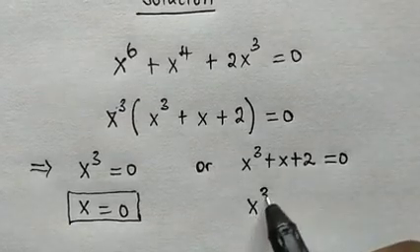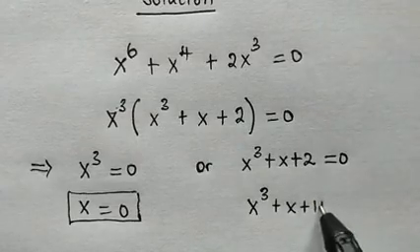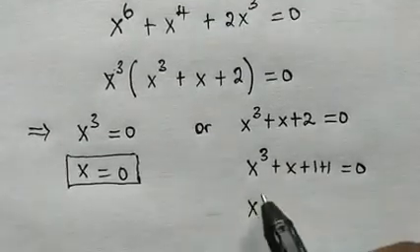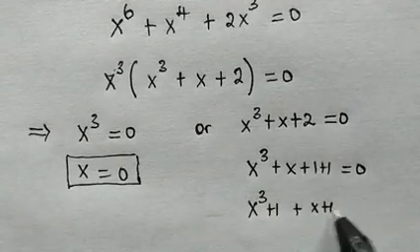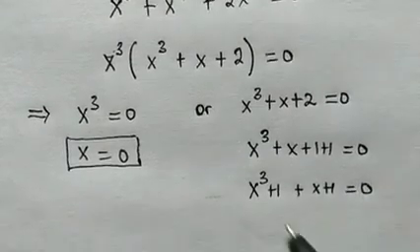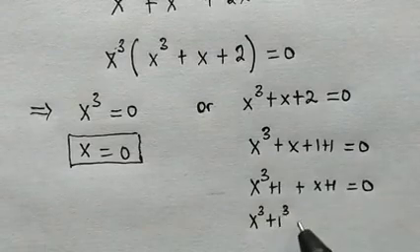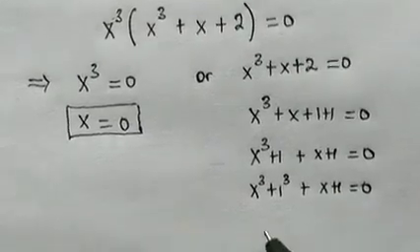We have to write x cubed plus x plus 2 as 1 plus 1, and this is equal to 0. From here, we will write x cubed plus 1, then plus x plus 1, this is equal to 0. We can actually write this as x cubed plus 1 cubed, then here plus x plus 1, this is equal to 0.